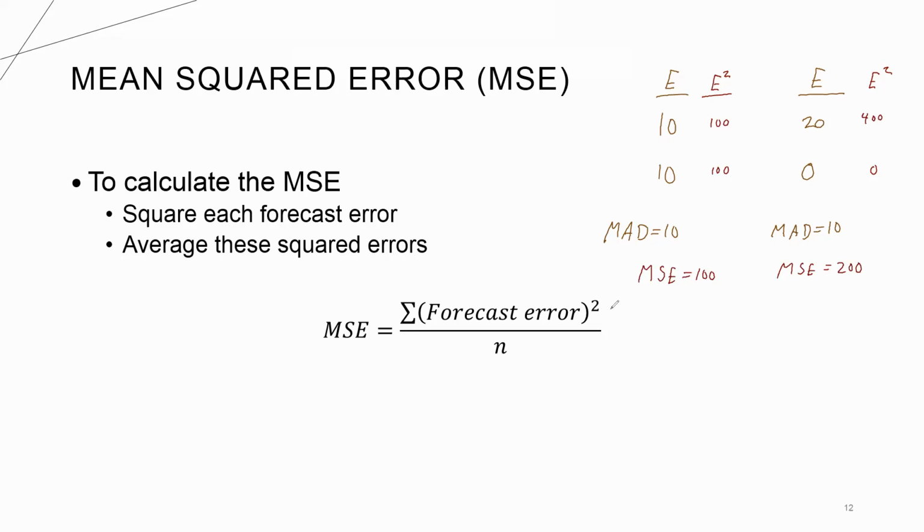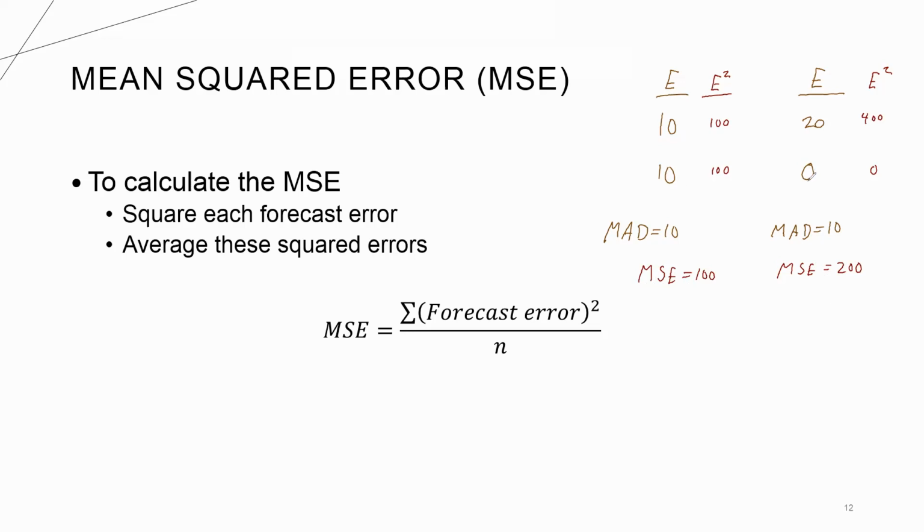So according to the MAD, these two scenarios are equally good. Being off by 10 and then being off by 10 again is equally good to being off by 20 and being off by 0. But according to MSE, this new method, the mean squared error, it's better to be off by 10 both times than it is to be off by 20 once and then right on 0 error the next time.